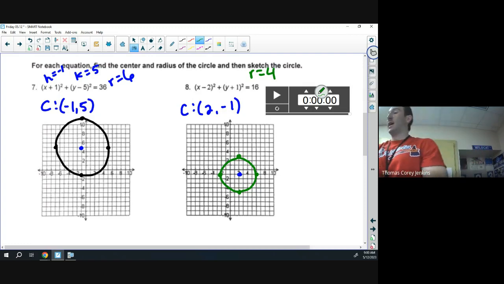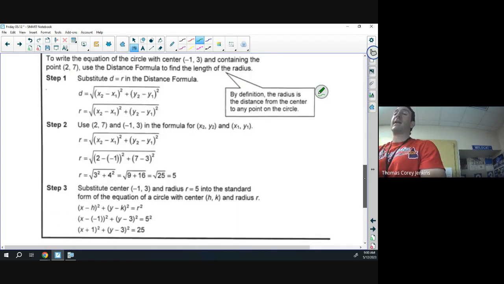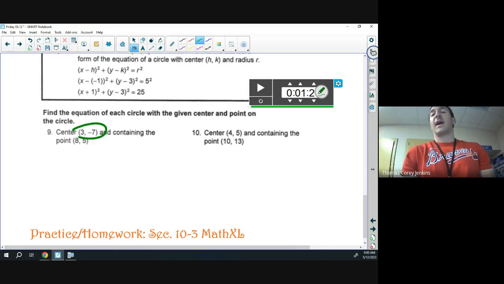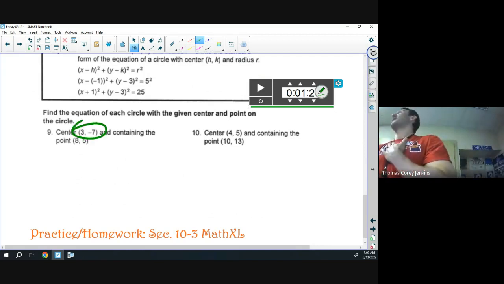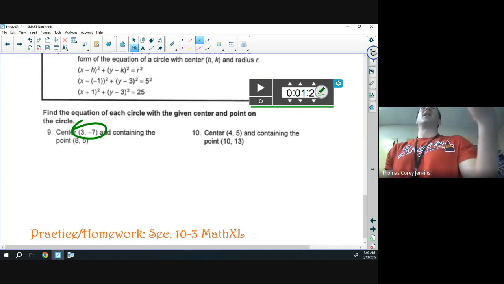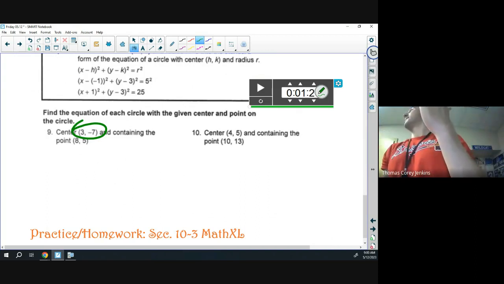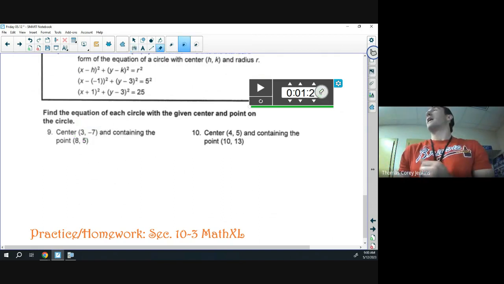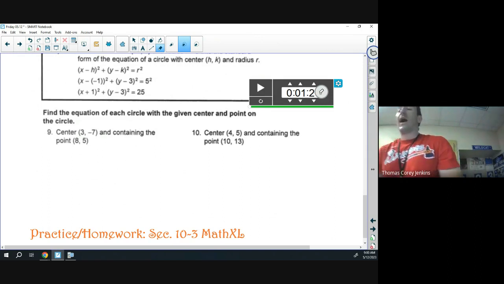Moving on. So the last type you might see will give you the center, so h and k, but not the radius. They'll give you another point on the circle that's not directly above or below or to the left or to the right. Okay, so you can't really count them. You couldn't graph them and count them. So what we want to do is find the radius.